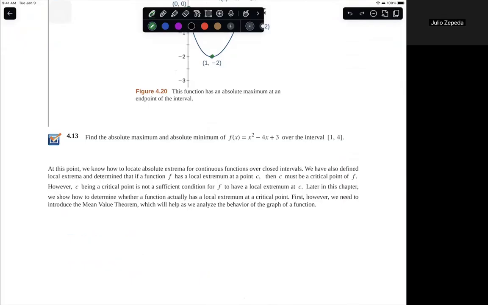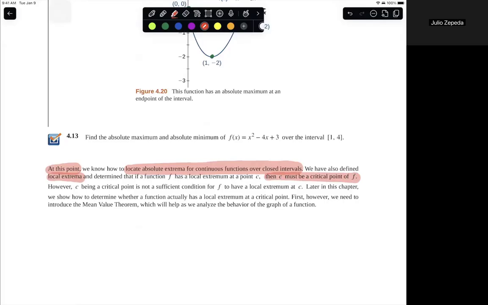All right, let's just read this last paragraph here to finish the video. It says, at this point, we know how to locate absolute extrema for continuous functions over closed and bounded intervals. We have also defined local extrema and determined that if a function f has a local extremum at a point C, then C must be a critical point of f.